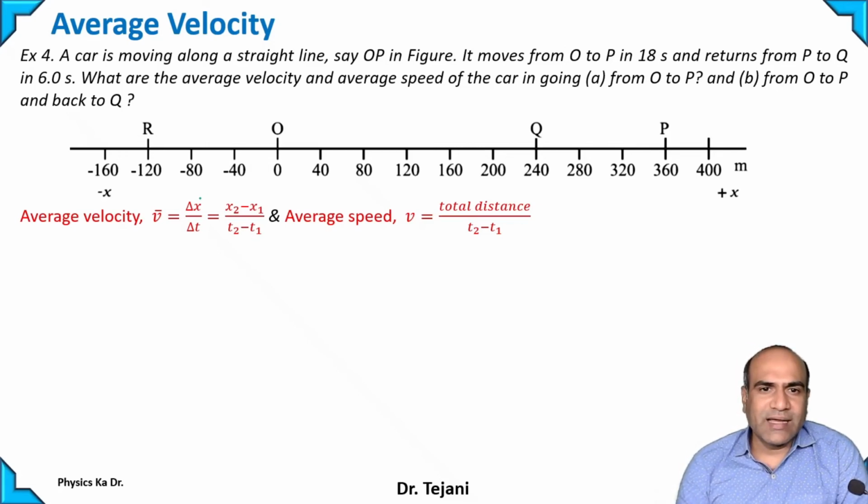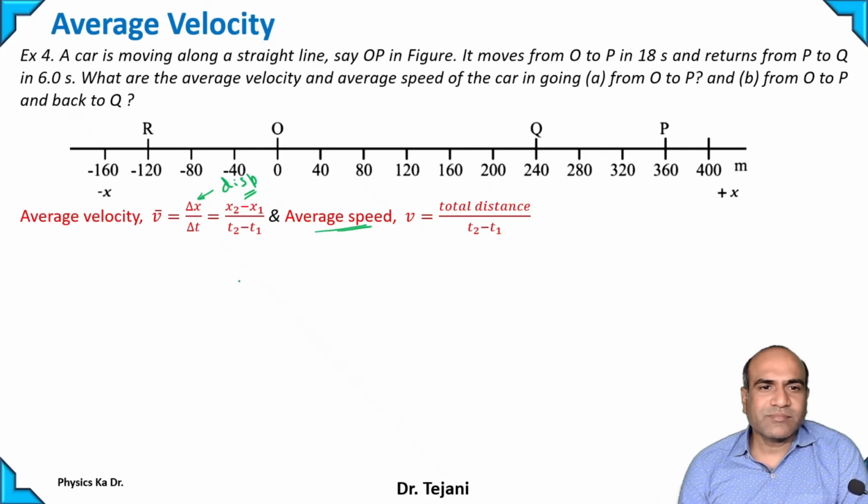Here delta x is displacement. When we talk about average speed, it is total distance traveled, and direction doesn't matter, divided by the same time.